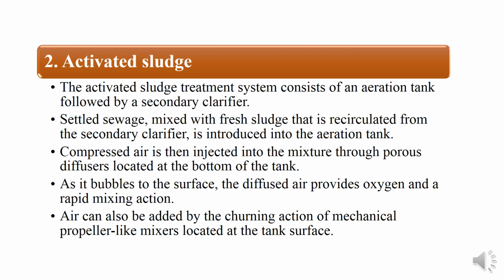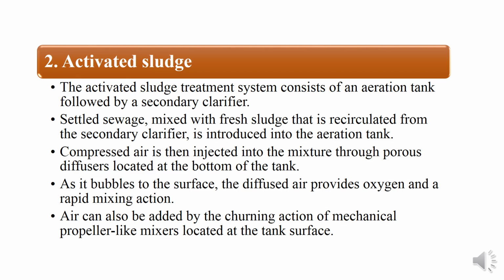The second method of secondary treatment is activated sludge. The activated sludge treatment system consists of an aeration tank followed by a secondary clarifier. Settled sewage mixed with fresh sludge that is recirculated from the secondary clarifier is introduced into the aeration tank.